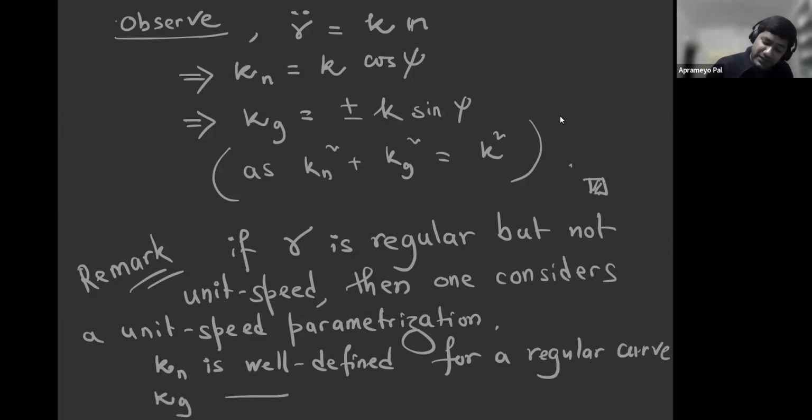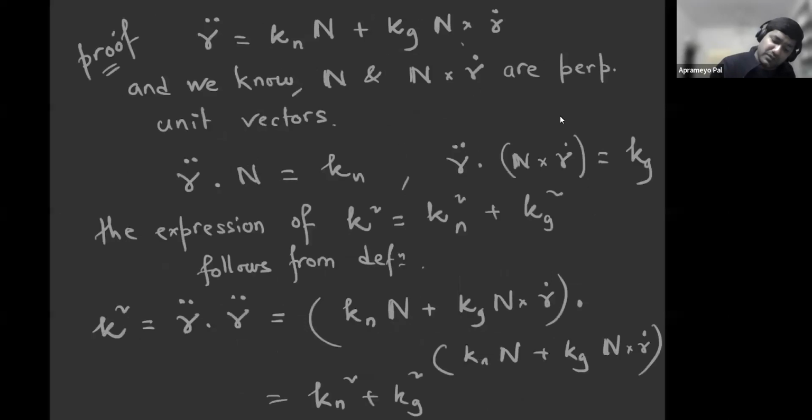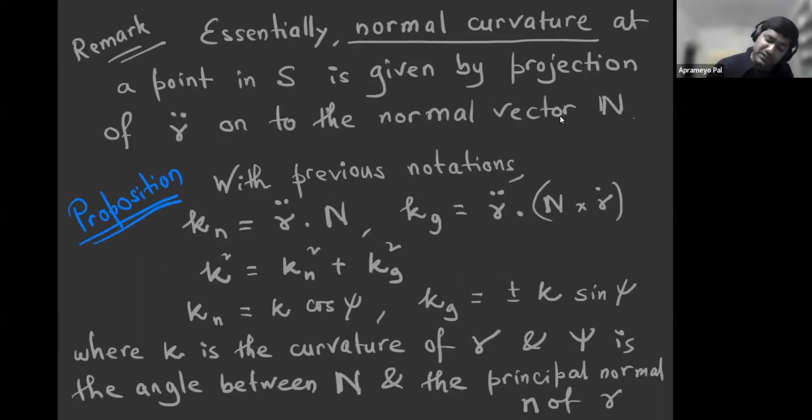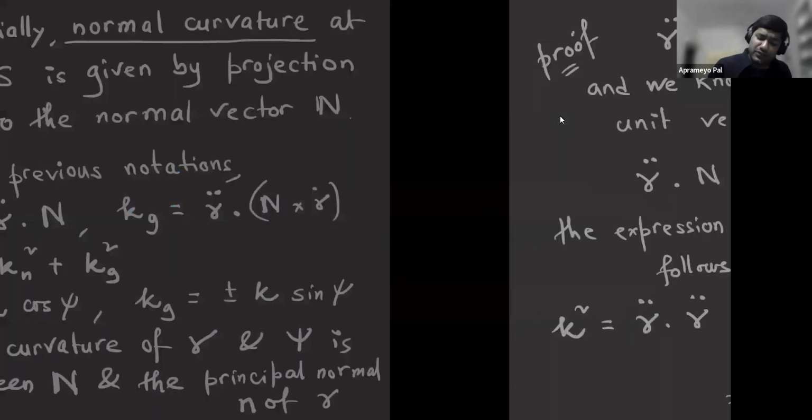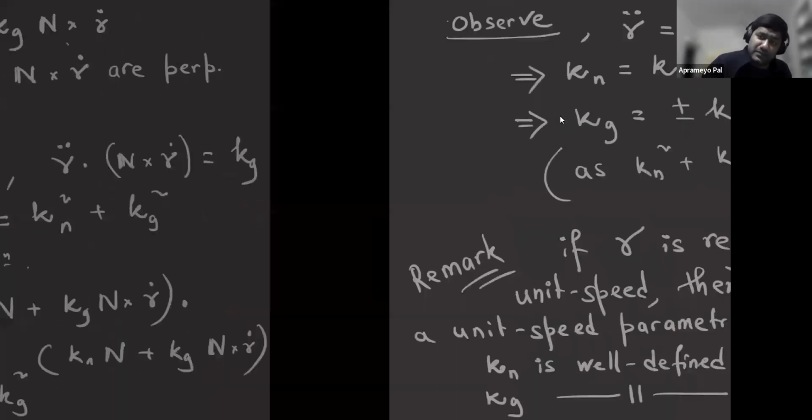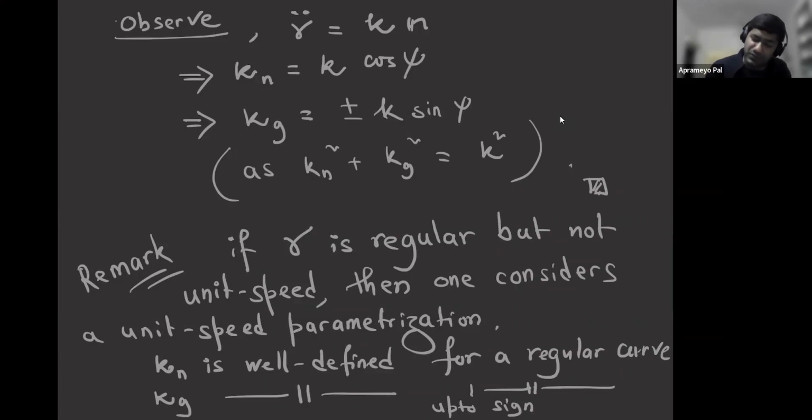Unfortunately, Kg is also well defined for a regular curve, but only up to sign, because here you have this plus minus k sine psi. So there will be a sign ambiguity. But that's okay. If you consider, for example, signed curvature, then maybe you can remove the ambiguity. But here we are only considering this. So the conclusion is, if you consider a regular curve even without the unit speed, then you can also define a normal curvature.